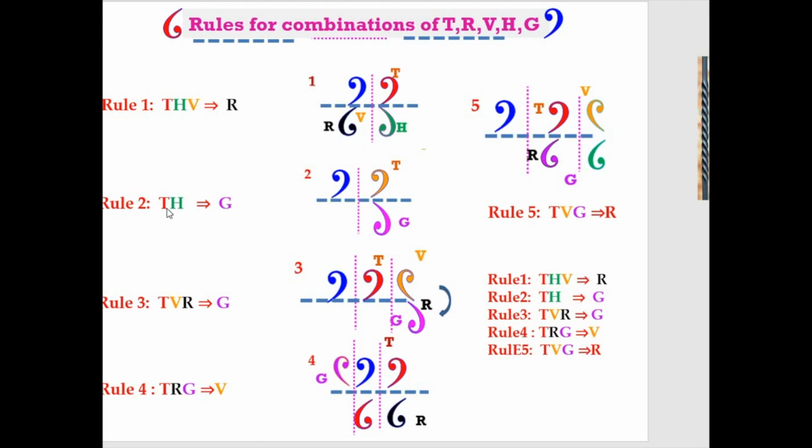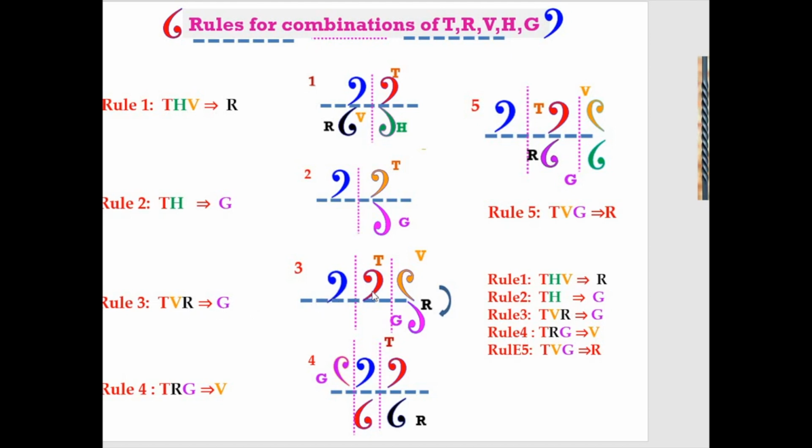And whenever we have translation and horizontal reflection, there will definitely be glide reflection, because that is the definition of a glide reflection. And whenever you have translation, vertical reflection and then rotation, you will have glide reflection.